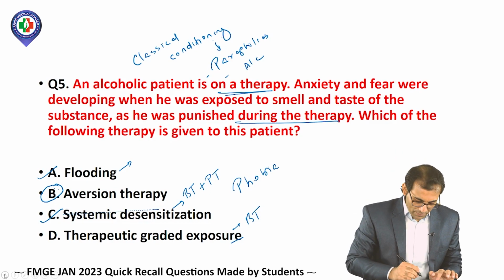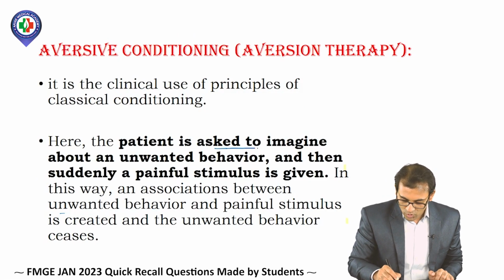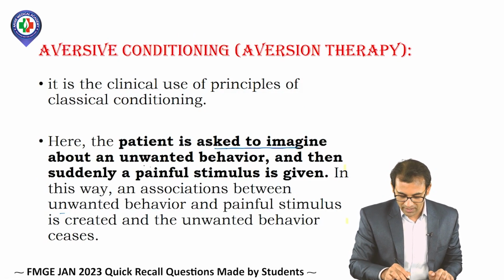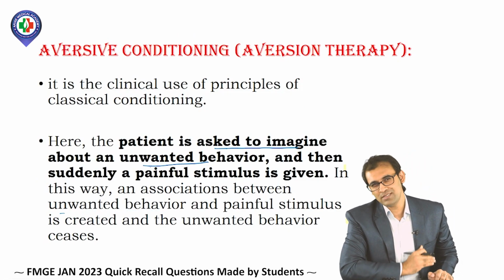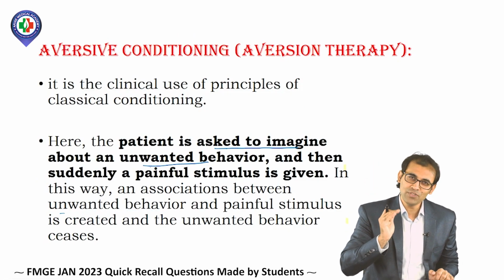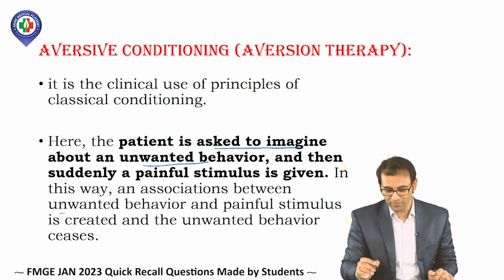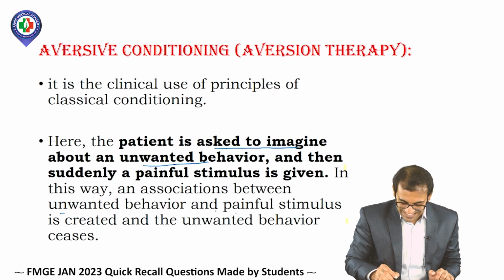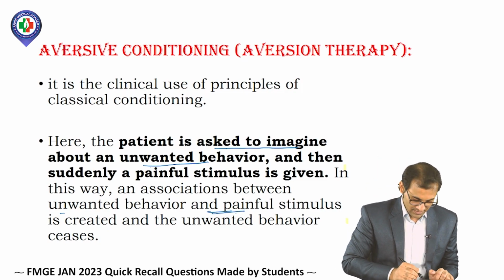See what is happening in aversion therapy. Patient is asked to imagine the unwanted behavior, and then suddenly a painful stimulus is given. In this way, an association between the unwanted behavior and the painful stimulus is created, and the unwanted behavior ceases.